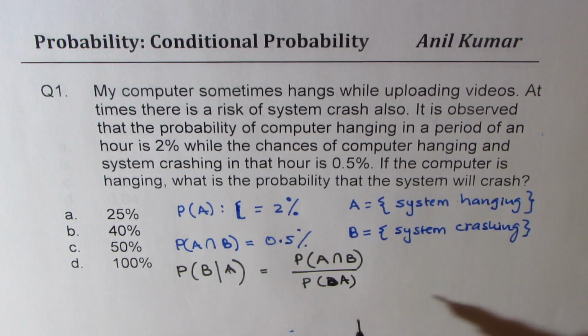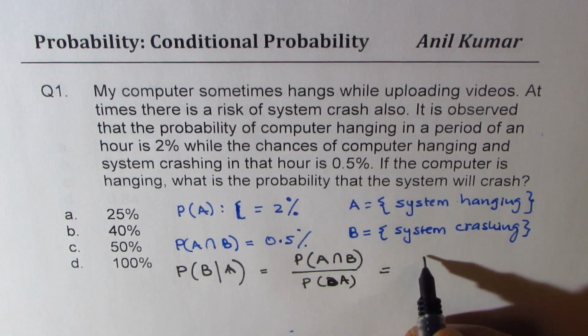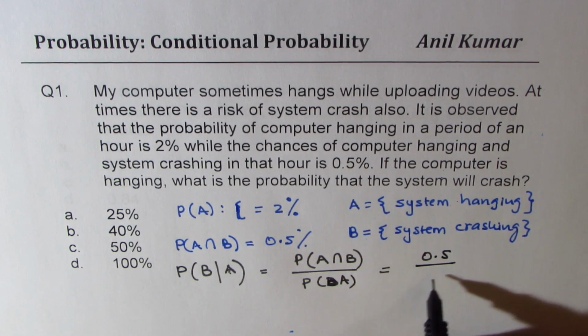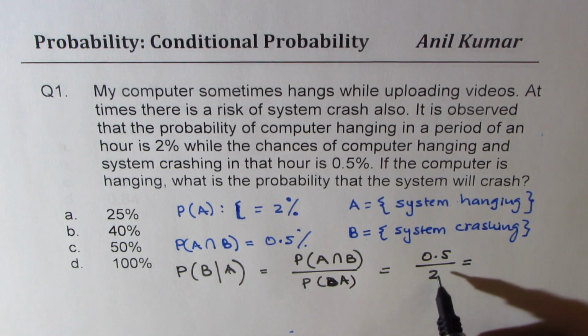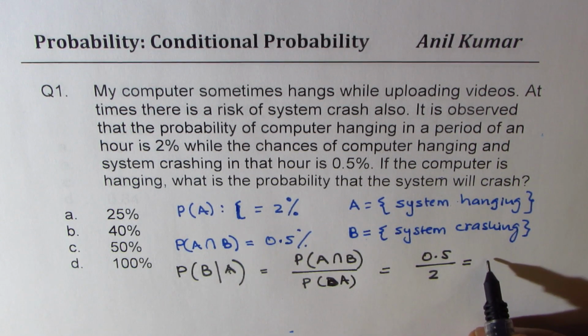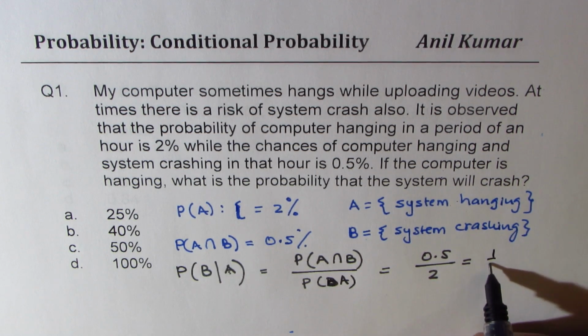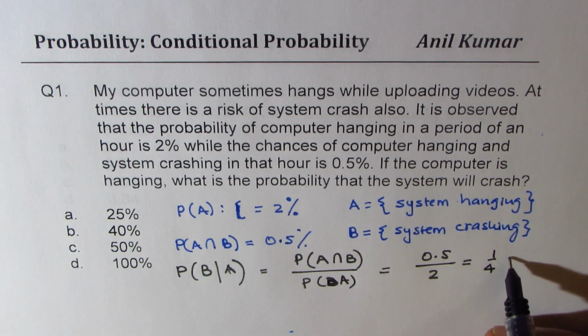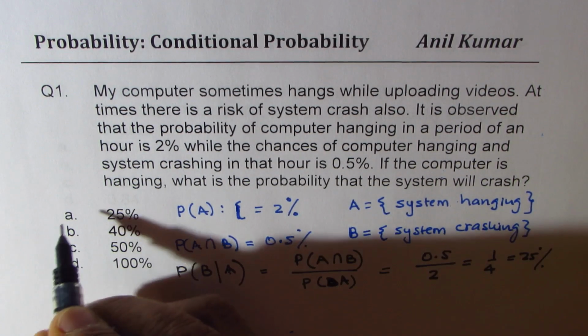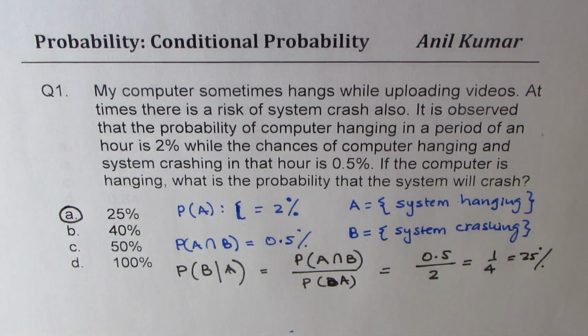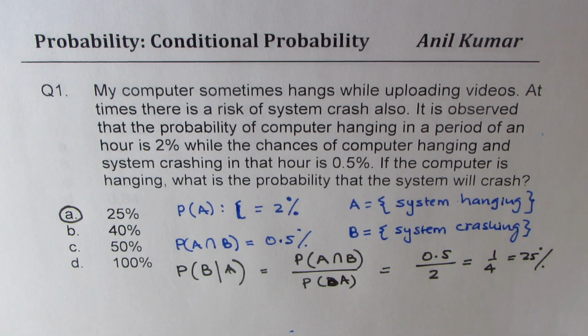This A. So in our case, we have 0.5 divided by 2, you can divide this and get 1 over 4. This is 25%. Correct? So option A is the right option. So I hope you have understood the concept of conditional probability with this example.